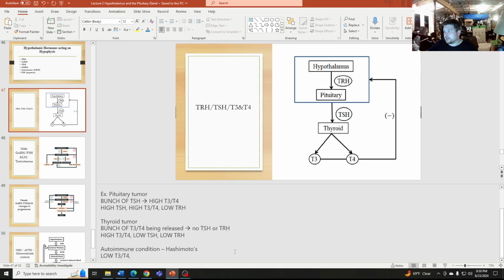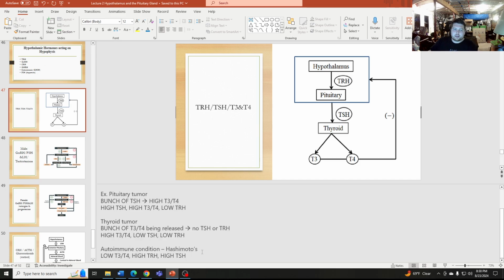What's happening before that? The pituitary gland and the hypothalamus both are working just fine. So the hypothalamus is saying, hey, we don't have any T3, T4, so it's releasing thyroid-releasing hormone. And the pituitary gland is receiving that signal and saying, hey, we don't have any thyroid hormone, so it releases thyroid-stimulating hormone. But because the thyroid itself is not working, we don't get any release of T3, T4.